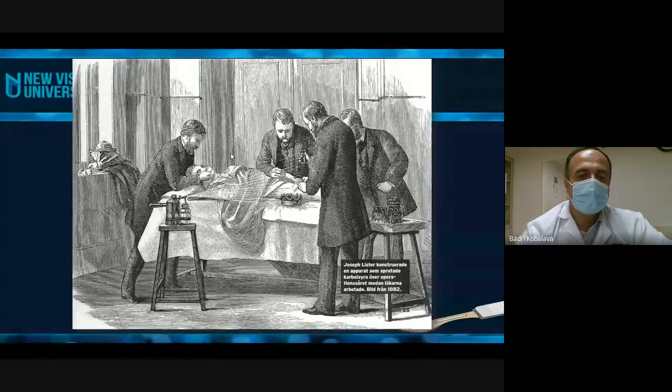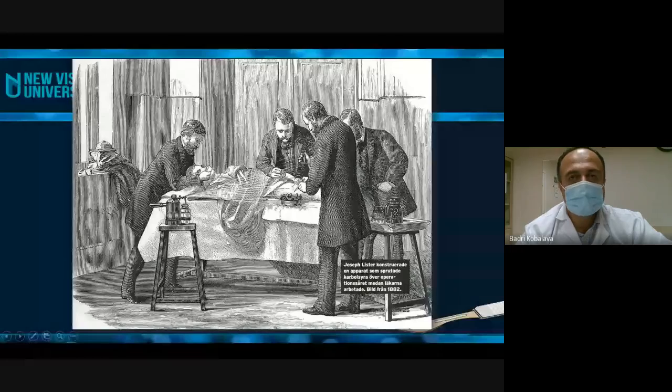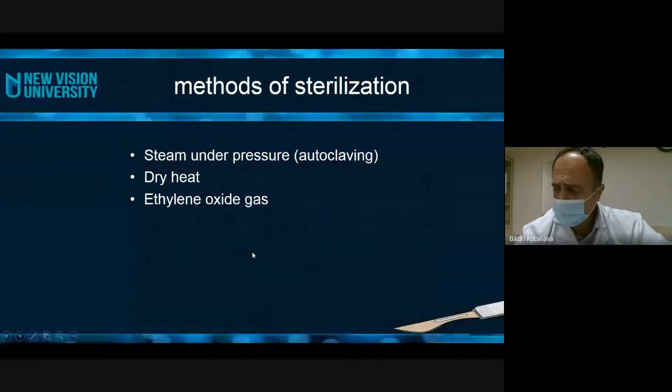But after the invention of antisepsis using carbolic acid, surgical wounds did not complicate with surgical infection.